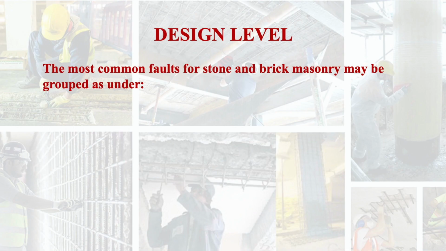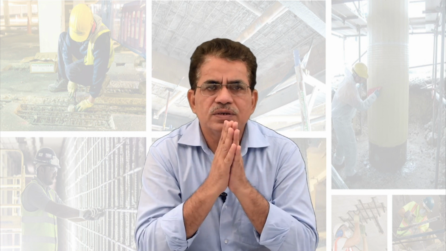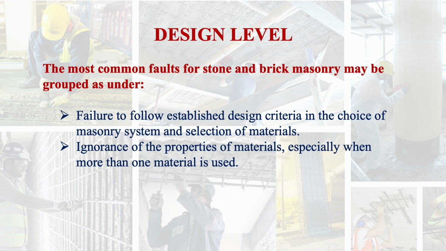Then at design level, the most common faults for stone and brick masonry may be grouped as under. First is failure to follow established design criteria in the choice of masonry system and selection of materials. So this will lead to the problem in the building. The next is ignorance of the properties of materials, especially when more than one material is used. This is very important.